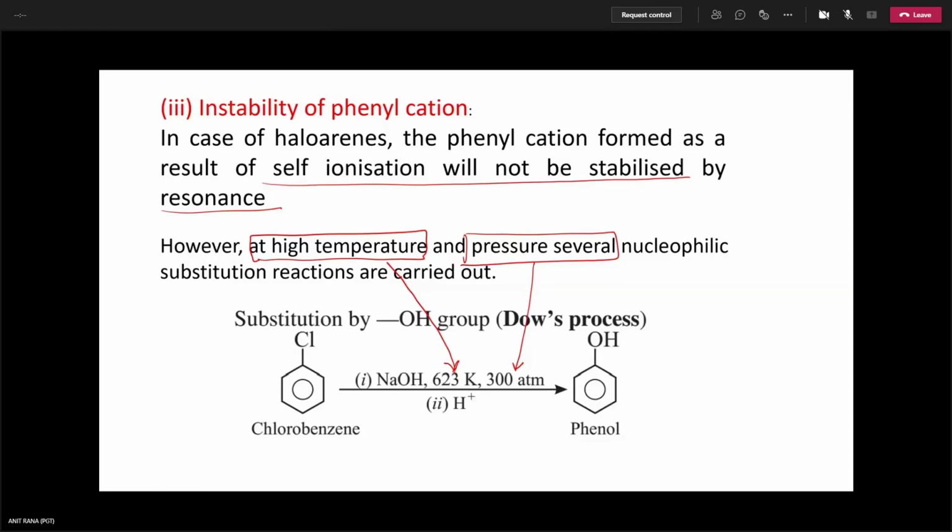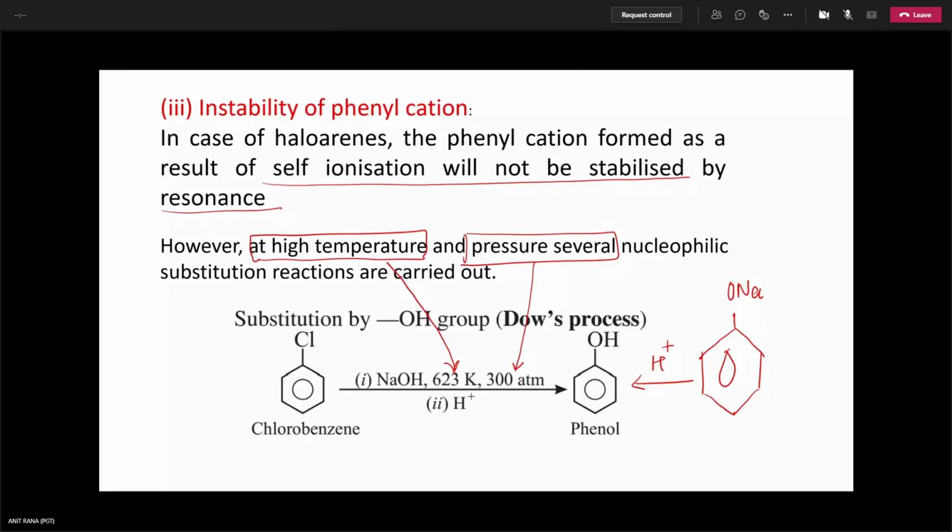If you treat chlorobenzene with sodium hydroxide under this condition, it leads to the formation of first the phenoxide. This is called sodium phenoxide. Since our aim is substitution, on acidification with dilute hydrochloric acid it results in the formation of phenol.